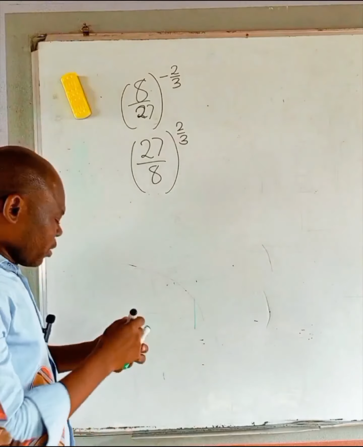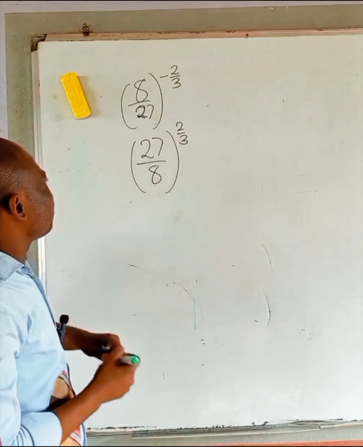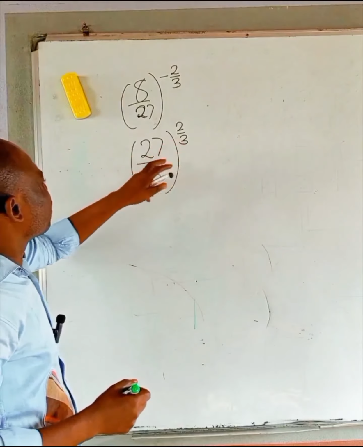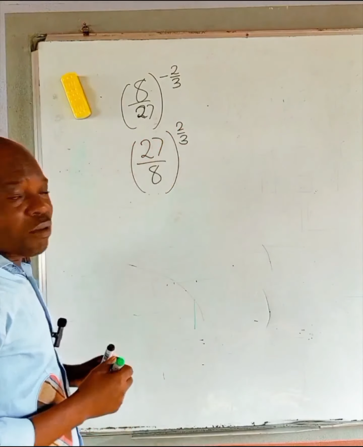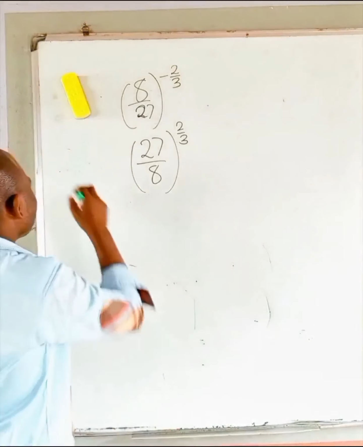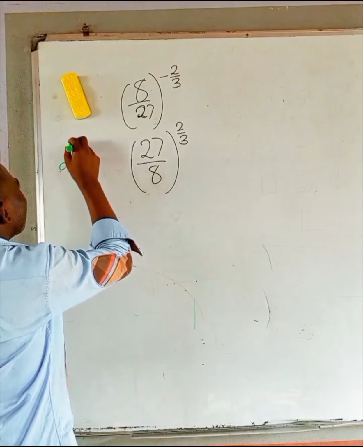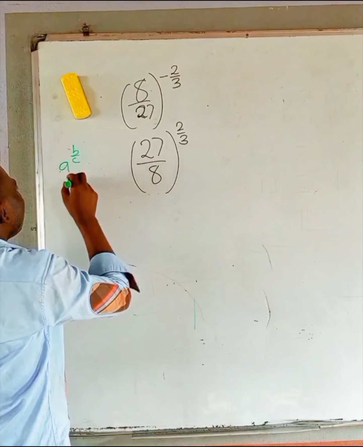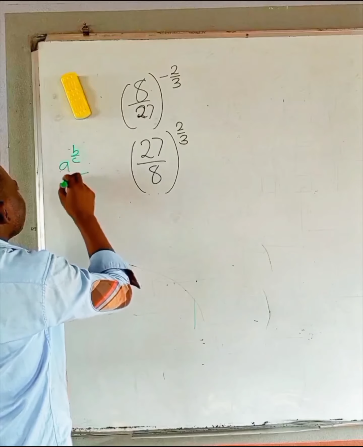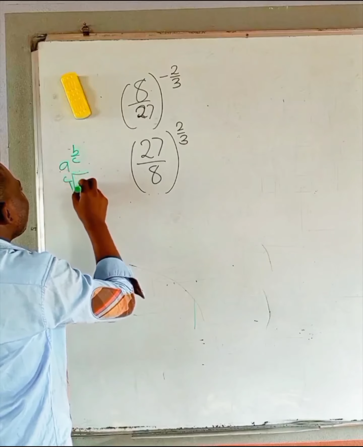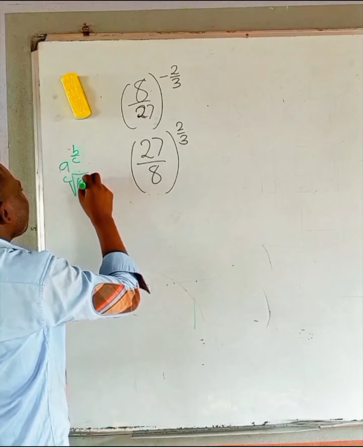At this point, what we do is to find the cube root of these numbers and square them. Whatever we get becomes the answer, because one of the rules of indices states that when you have a raised to the power of b over c, it becomes the c-th root of a, raised to the power of b.